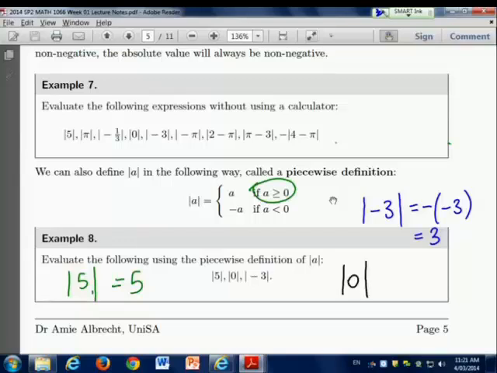Is it top or bottom for 0? Is it the top one or the bottom one? I love how I've just managed to cover up the answer. It's the top one, right? 0 is greater than or equal to 0, so we use the top one. But you can see in this example it actually doesn't matter, because negative 0 is 0.